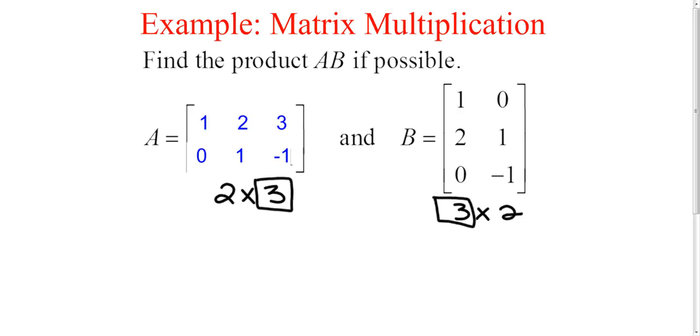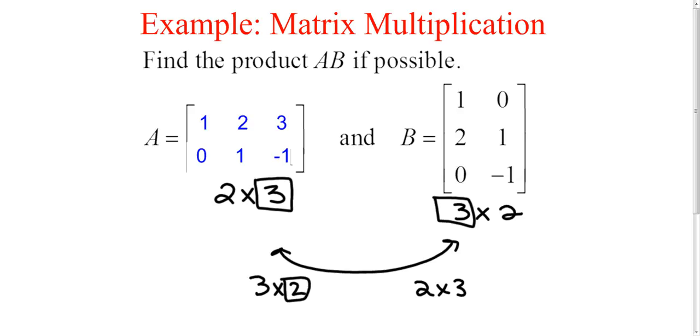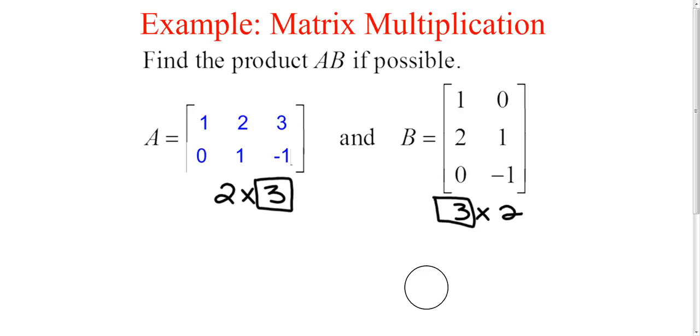If I were to switch these two matrices around, just so you know, so that this was matrix B and it was a 3 by 2 matrix, and this was matrix A and it was a 2 by 3 matrix, it would also work in this case because these are both 2's. Okay? If they weren't both 2's, it would not work. Your answer is going to be different when you switch them around, but I can do it. Okay? You can't always multiply in both orders.